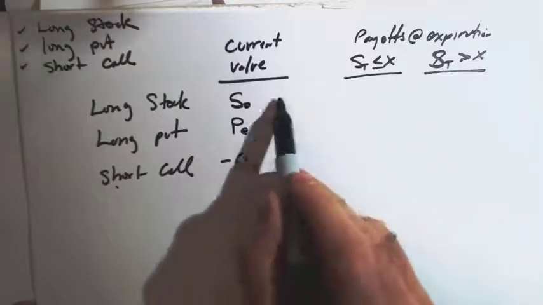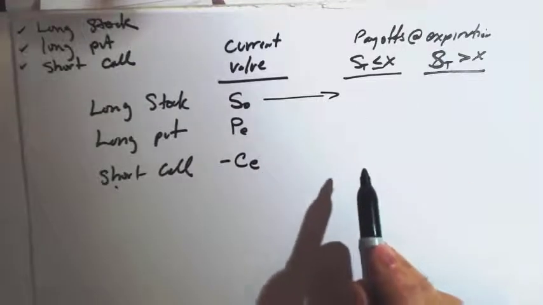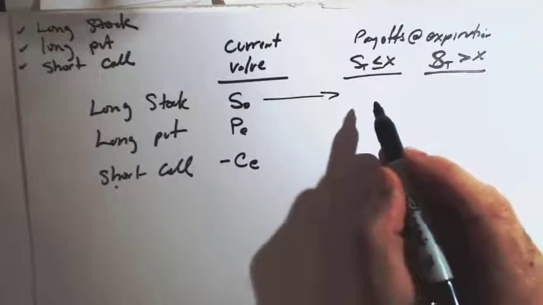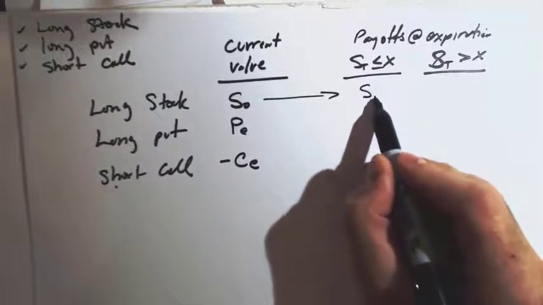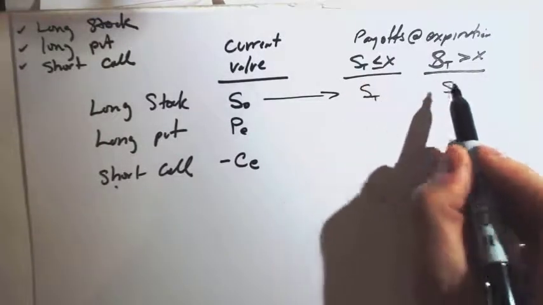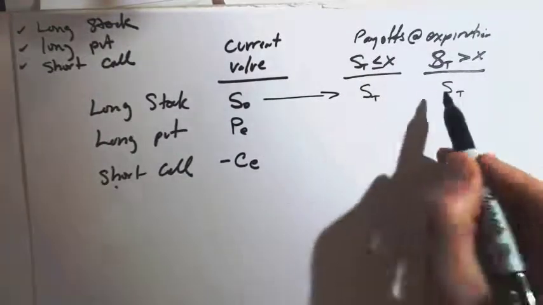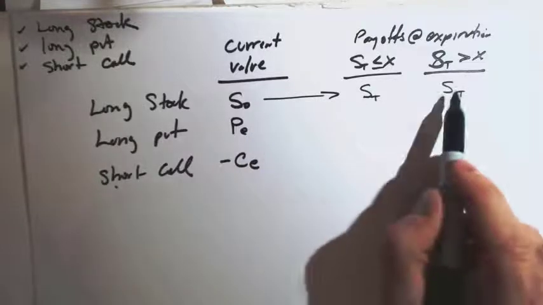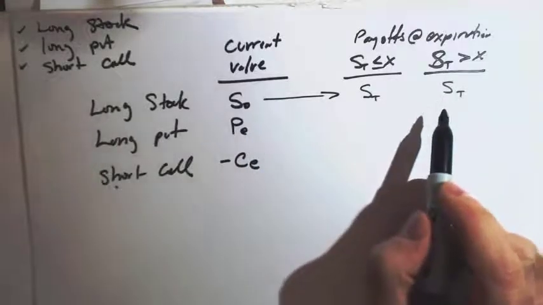Now let's figure out, what is the payoff at expiration for the stock? Well, we saw before, no matter what happens, we don't care where the strike is because it doesn't matter. The stock is worth the stock, regardless of where it is relative to the strike. It's worth S capital T at expiration. So we saw that. That's not too hard to see.